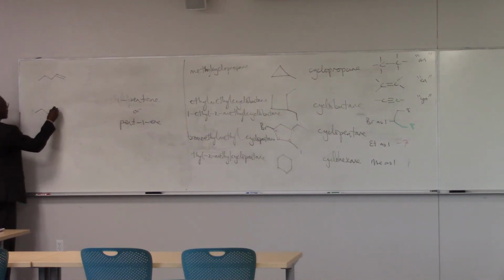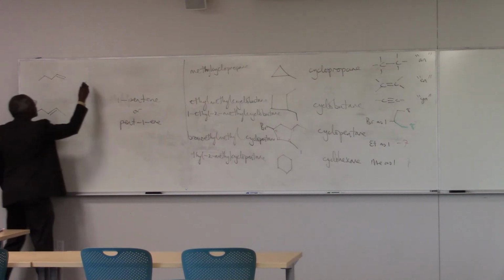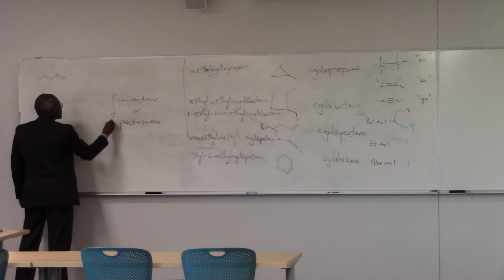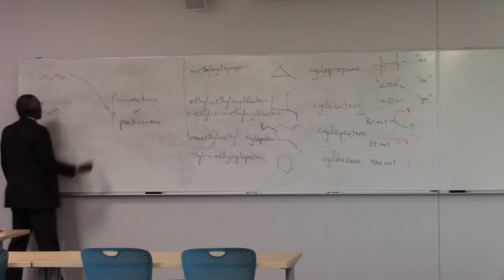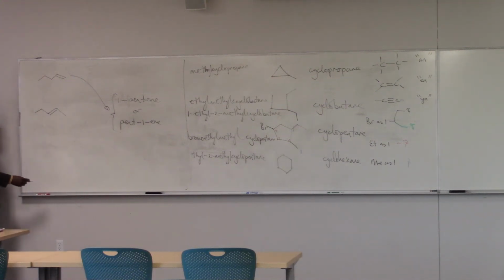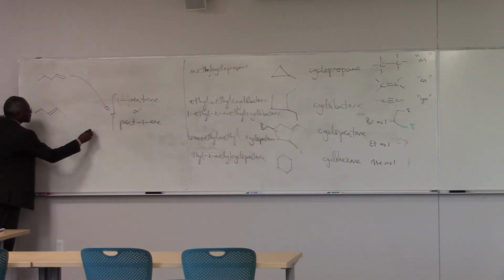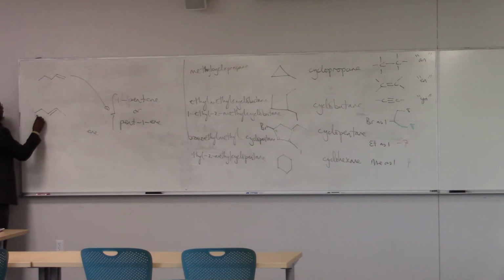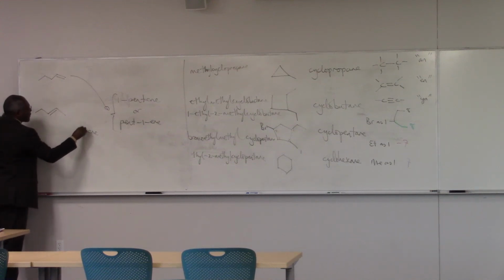What about this compound? What would I call that one? So let me just write this. What would I call this compound? Well, again, this is an ene. It's got 1, 2, 3, 4, 5 carbons in it, so it's a pentene.